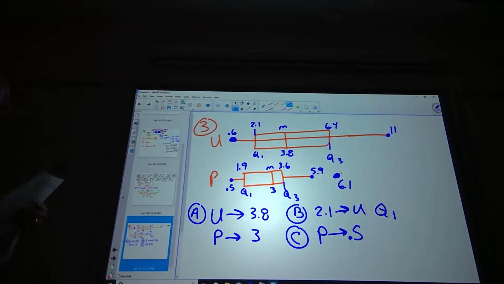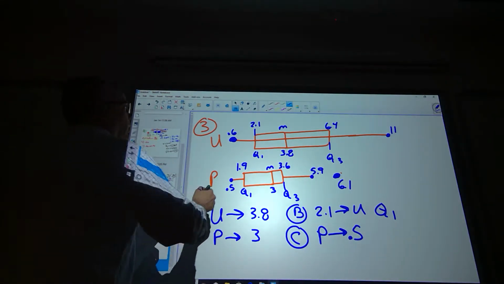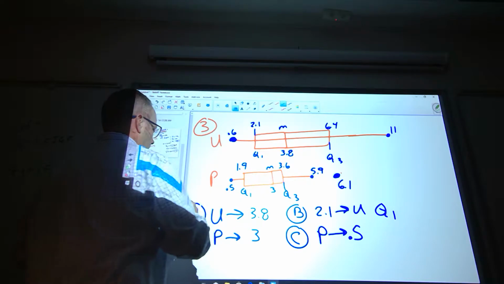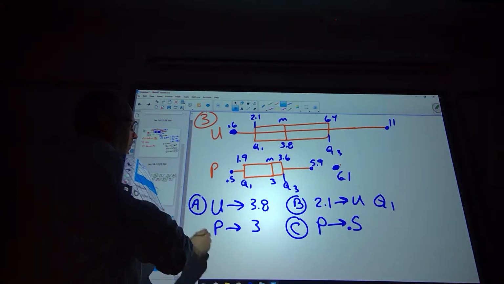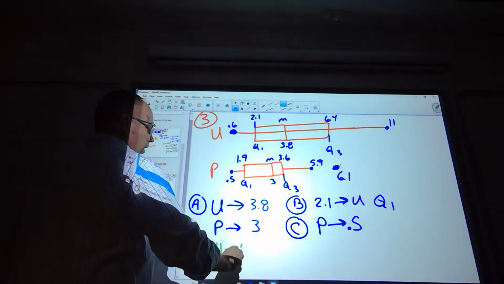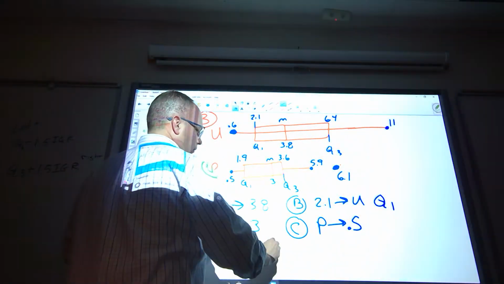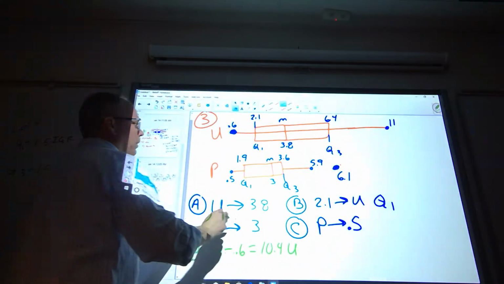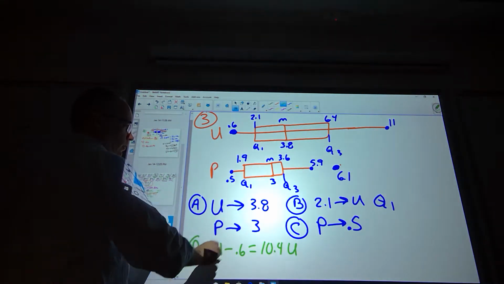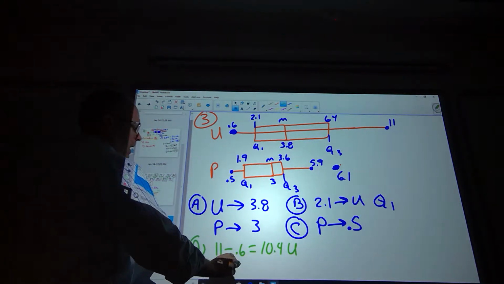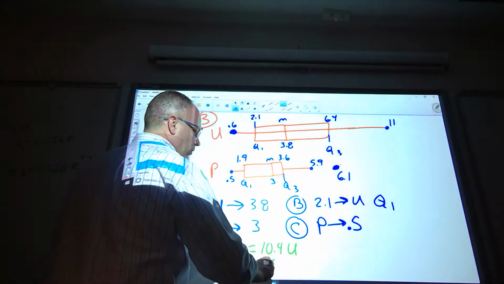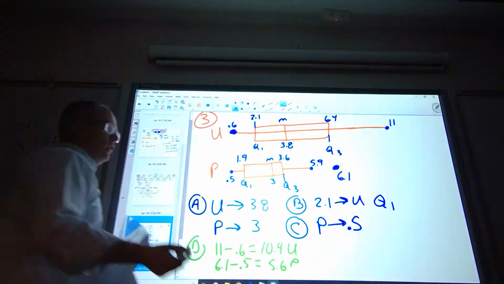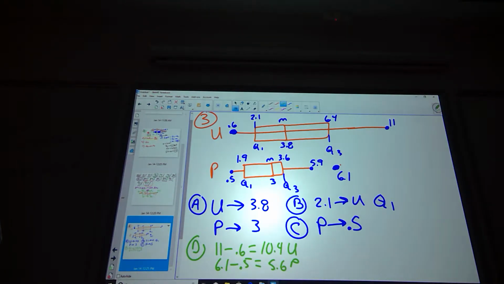What is the range for both groups? Well, I had about 11 minus 0.6, so that comes out to 10.4 for the unpleasant group. And then I had 6.1 minus 0.5, so that comes out to 5.6 for the pleasant group. So you just take the highest value and the lowest value and subtract them.